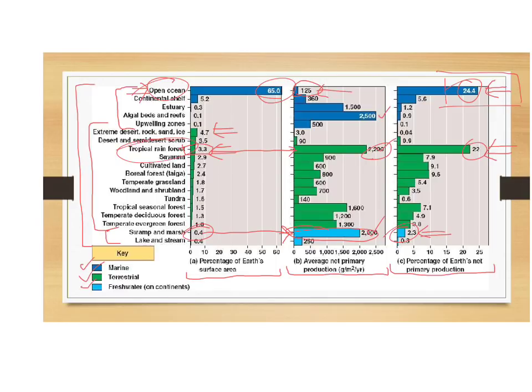If they're asking you about terrestrial, they're probably going for tropical rainforest. If the question is about aquatic, be sure that they're talking about marine versus freshwater. If we're talking about marine, the answer is probably something to do with open ocean. If we're talking about freshwater, the answer is probably something to do with swamps and marshes.